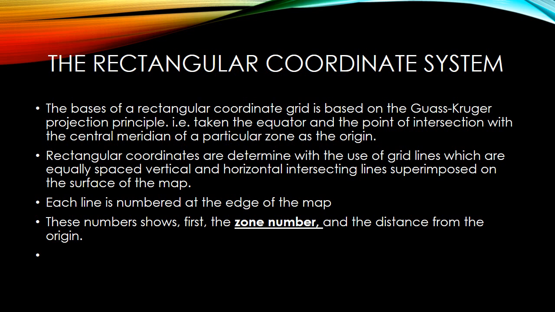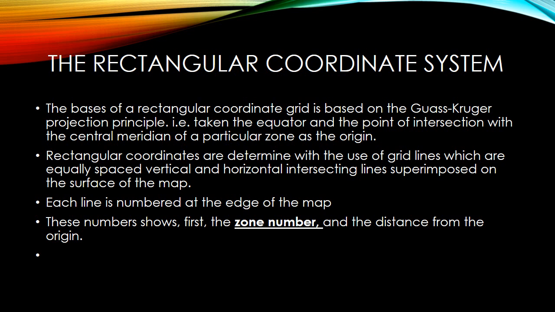Even if the map is not gridded, or you don't see the grid superimposed on the map, you will see some marks at the edge of the map, and then you will see some figures right close to it, and those figures are the coordinate numbers for the grids.